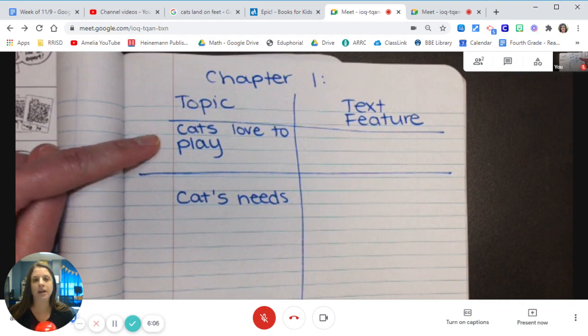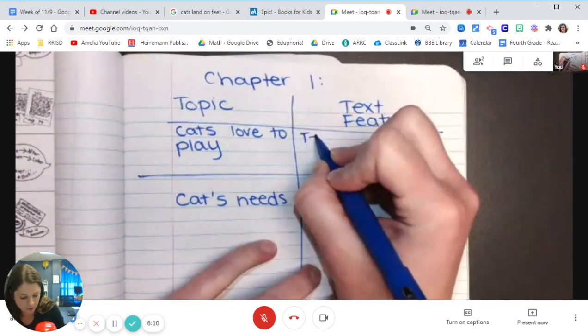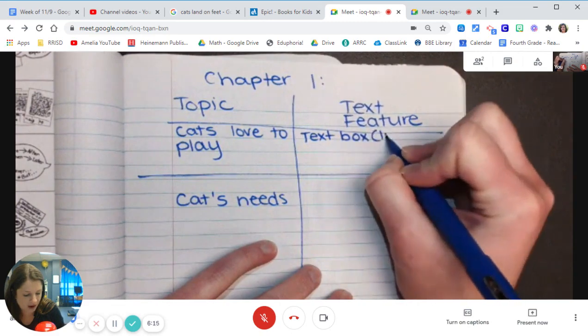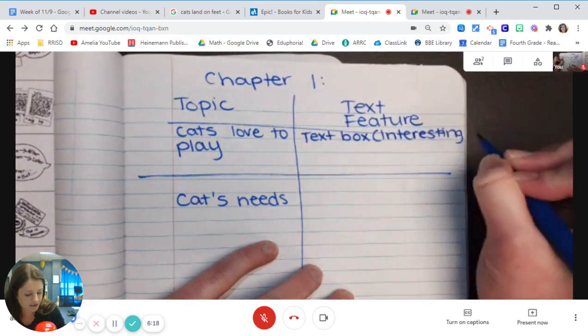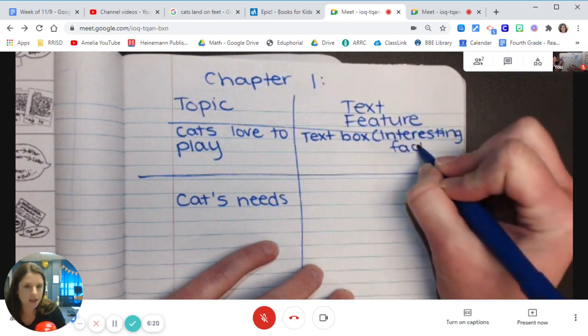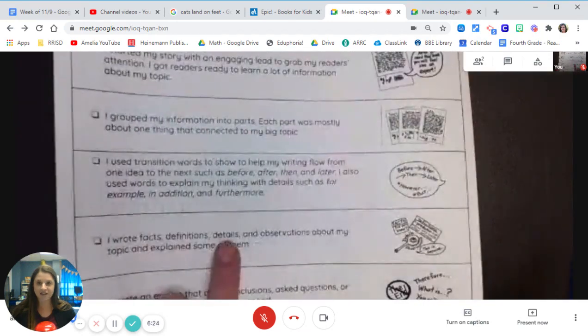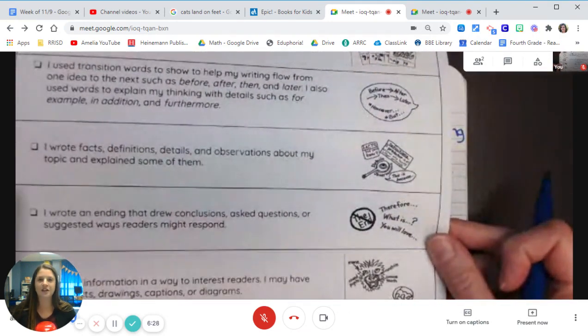So maybe I could do a text feature, like a text box, maybe with an interesting fact. And really, this gives me an opportunity to give even more details about my writing through these interesting features.